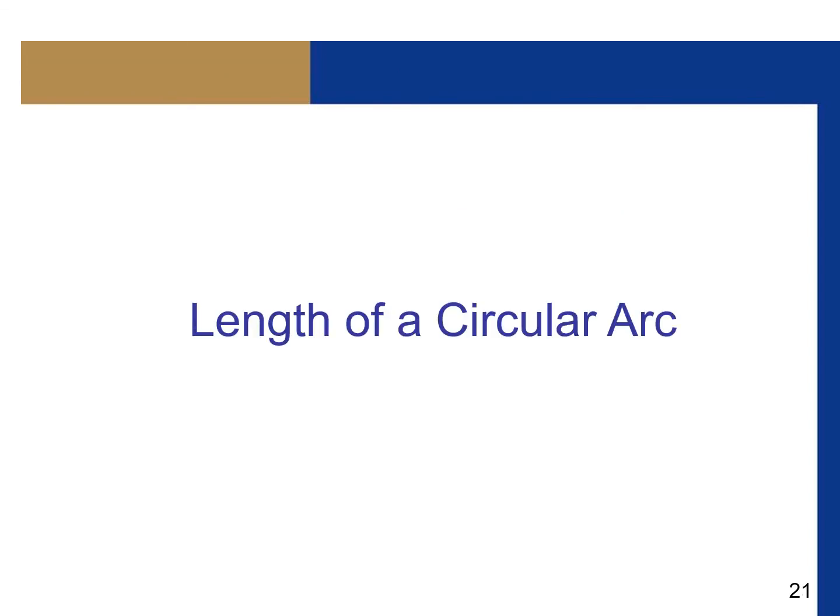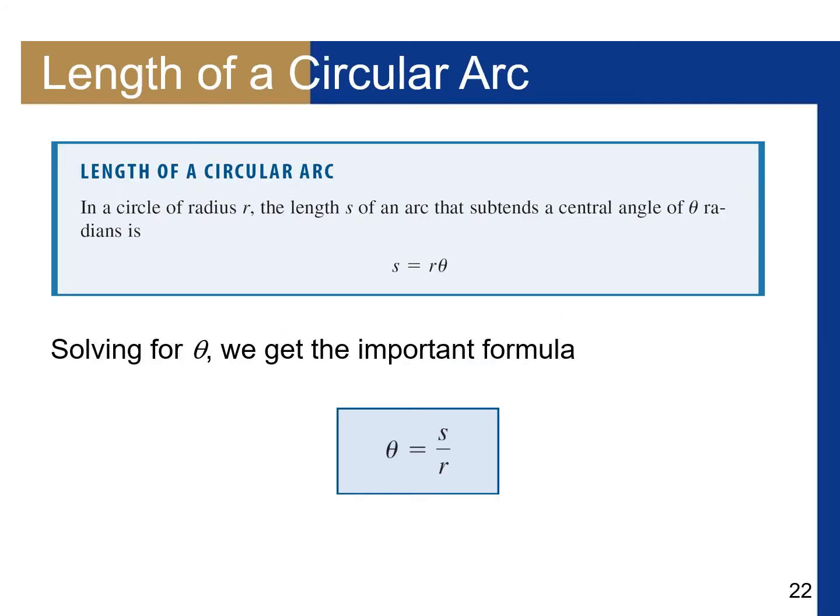Now we're going to take a look at some geometry things. So we have the length of a circular arc. You probably learned this back in high school. If we want to find the length of a circular arc that subtends a central angle of theta radians, we're going to have S equals the radius times theta.